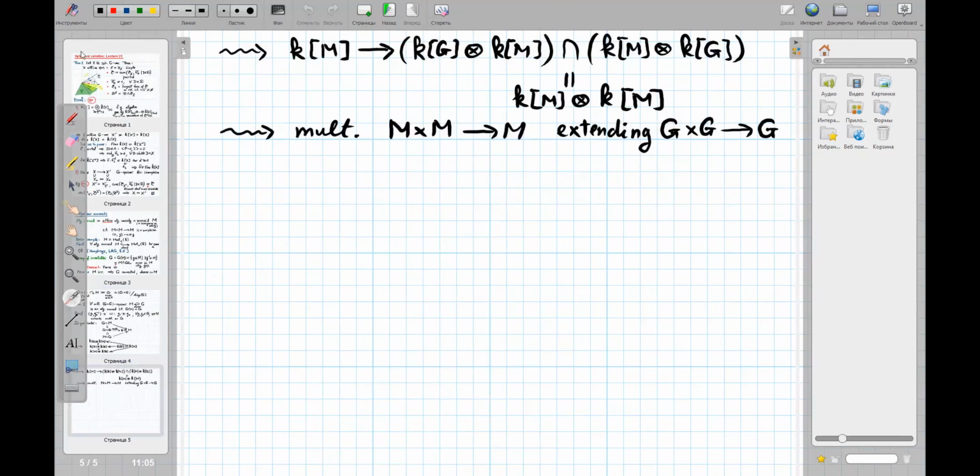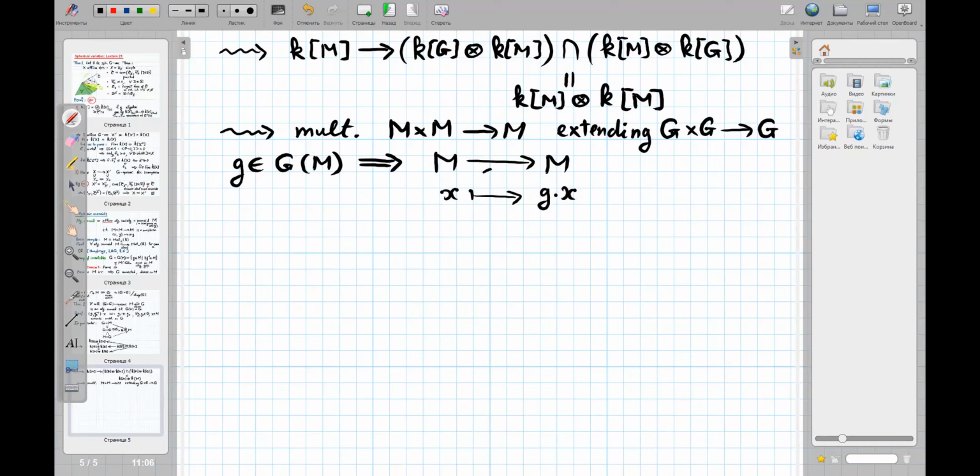It is easy. If you take any invertible element g of M, then the multiplication by this g, say on the left, sending x to g dot x, is an isomorphism of algebraic varieties because g is invertible.